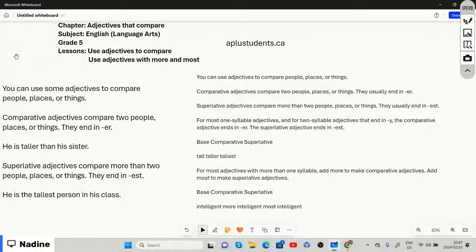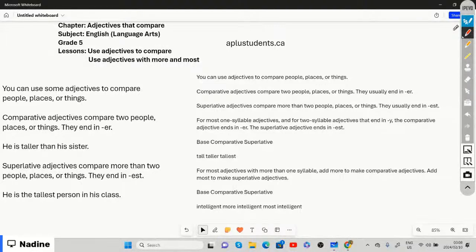All right, so once again, you can use some adjectives to compare. We can compare people, places, or things. And we said we have a comparative adjective.